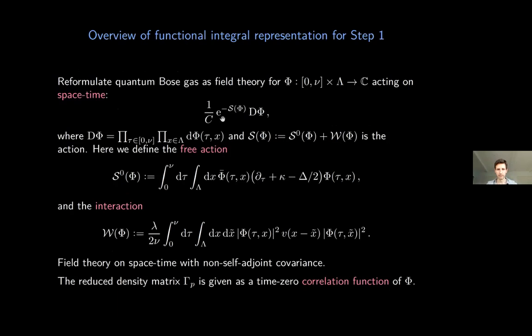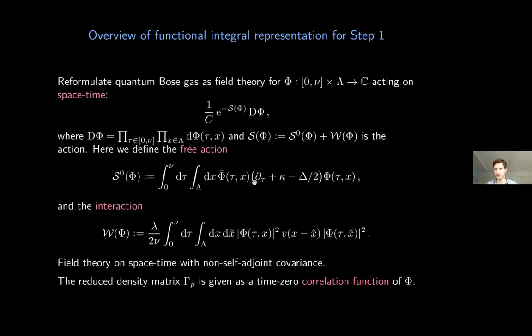Formally, our functional integral is of the following Gibbs form. This d phi is this formal Lebesgue measure on the space of space-time fields, and S is an action, composed of the free action and the interaction. For the free action, you integrate over space-time. You take this quadratic form of your field. You have the Laplacian, you have this chemical potential kappa. And the new thing is you have this time derivative.